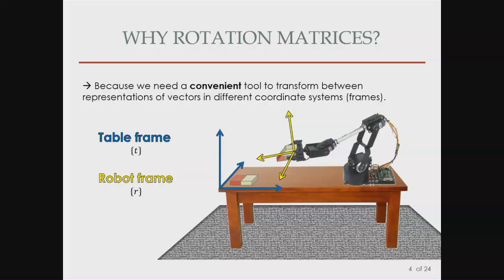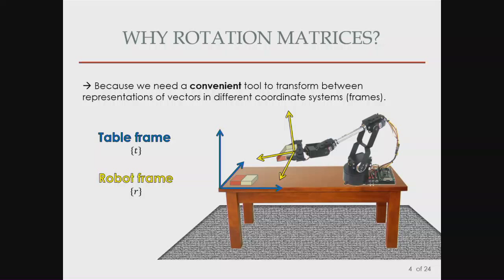You can have the same vector, let's say you have a vector v and two coordinate systems A and B, and they have different orientations.